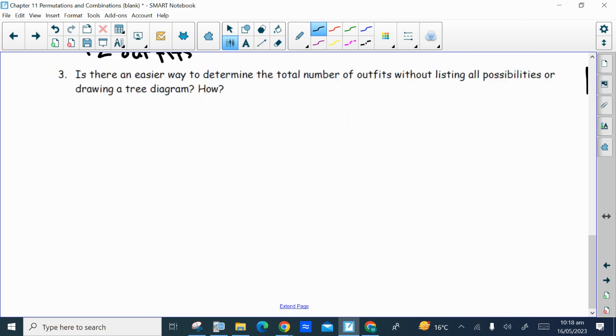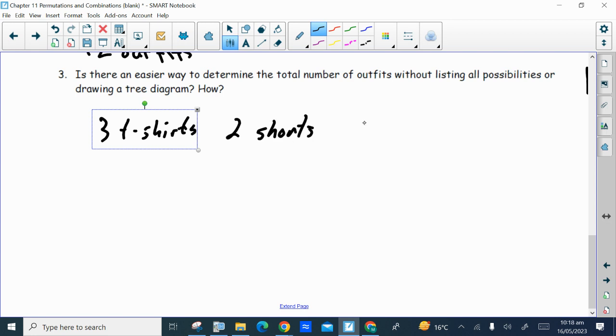So in this case here, again, we had 3 t-shirts, we had 2 pairs of shorts, and 2 pairs of sandals. And together we got an answer of 12 different outcomes or outfits.